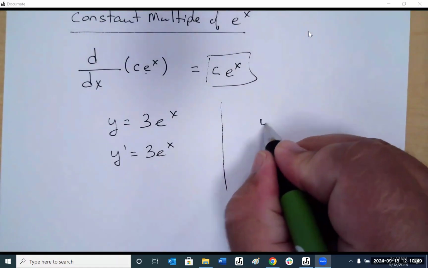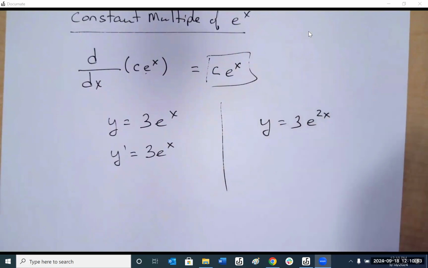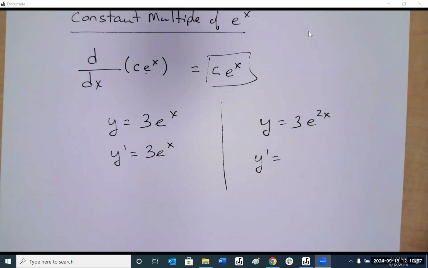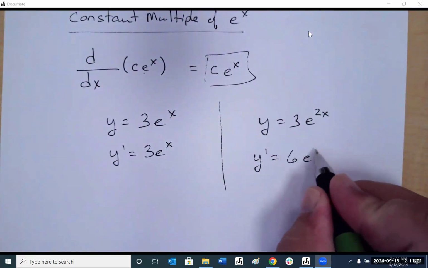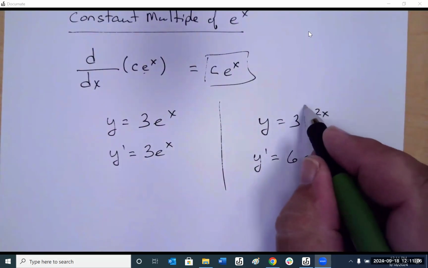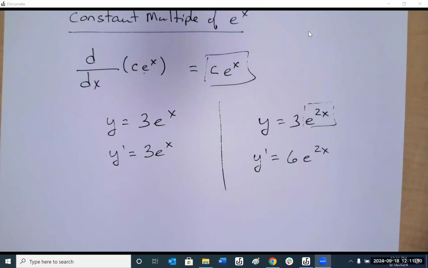If the function was 3 e to the power 2x, the derivative would be, yeah, so beautiful thing about the e value, the derivative will always have the original e value in it. Only thing that's going to change is the coefficient.